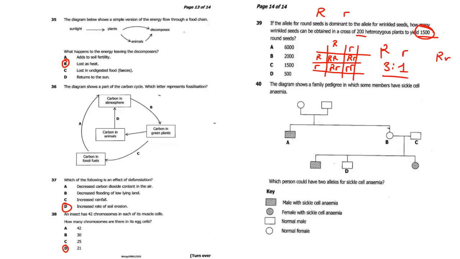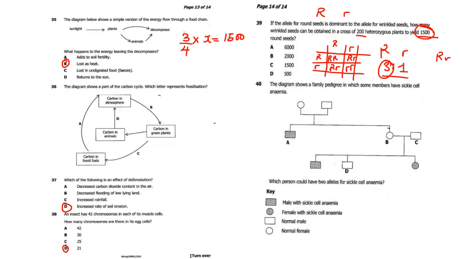So we can say 3 over 4, where the total ratio is 4, and 3 is for round, because we are given the amount for round. Multiply by x, where x is the total, equals 1,500.